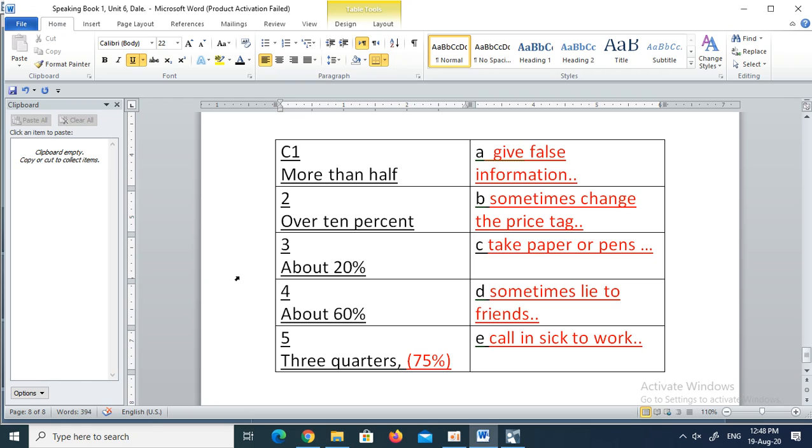If you got it wrong yourself, then you can put the correct answers now. And we are going to do this as a listening exercise. More than half take paper or pens from their company to use at home. So the answer to number 1 is C.